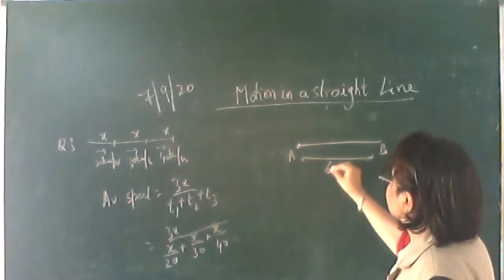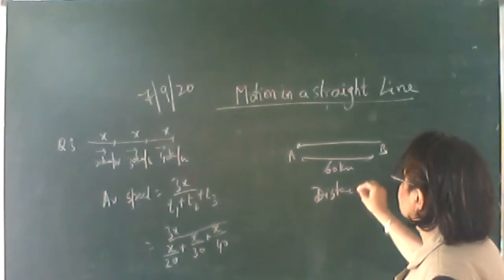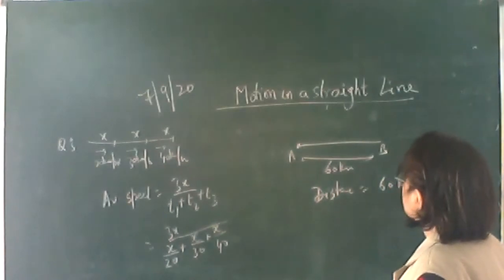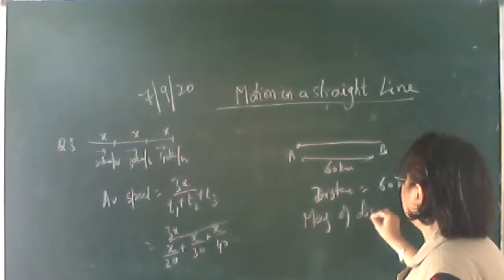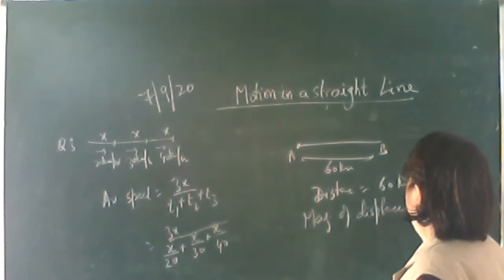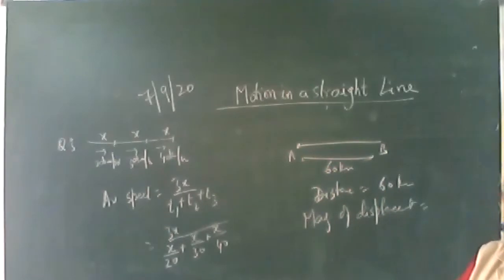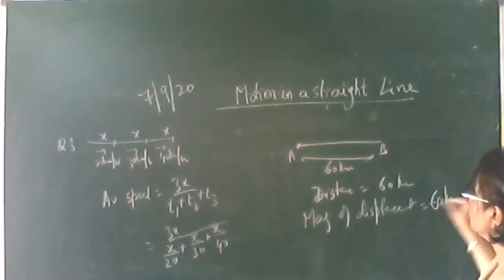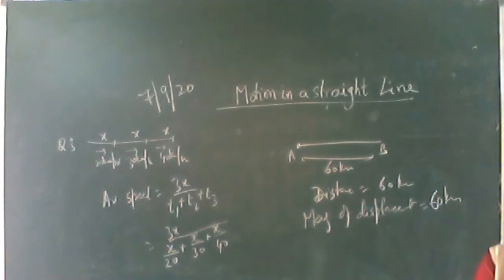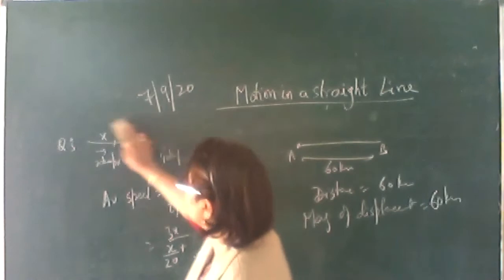Let the distance be 60 kilometers. A is the initial position and B is the final position, so the shortest distance is also 60 kilometers. So here we see that the distance is equal to the magnitude of displacement.